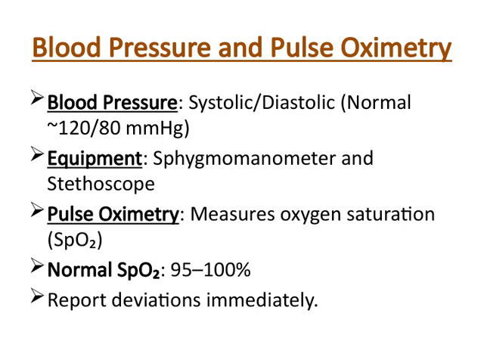If you notice any deviations from these normal values, whether blood pressure is too high or too low, or SpO2 drops below 95%, it's important to report these changes immediately. Prompt action can be critical, especially in clinical settings. These measurements are fundamental components of patient assessment and tie into the overall goal of ensuring patient stability and safety.